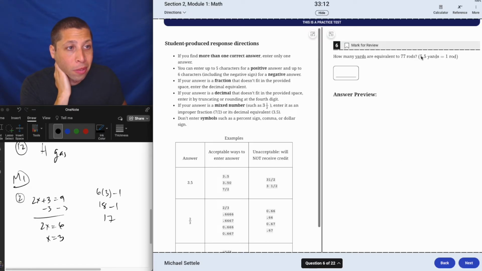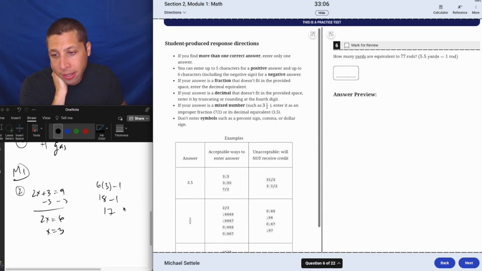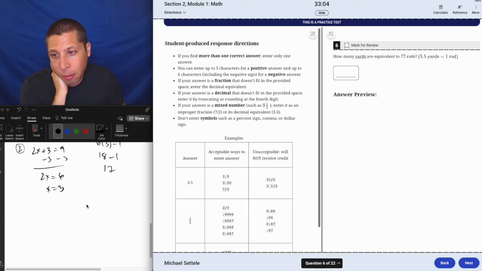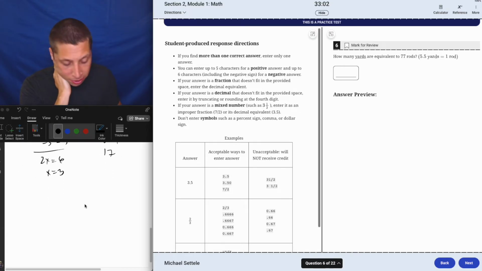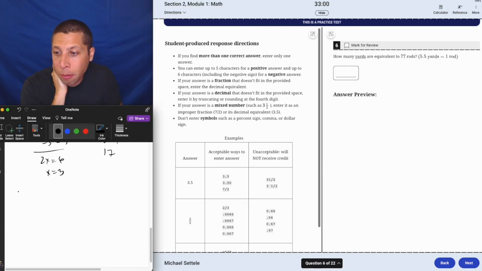How many yards are equivalent to 77 rods? So if 1 rod is 5.5 yards, we just multiply. But honestly, here's a good case where I'm a little nervous. It doesn't take more than a second to set up a ratio and double check, right? So x yards is equal to 77 rods.